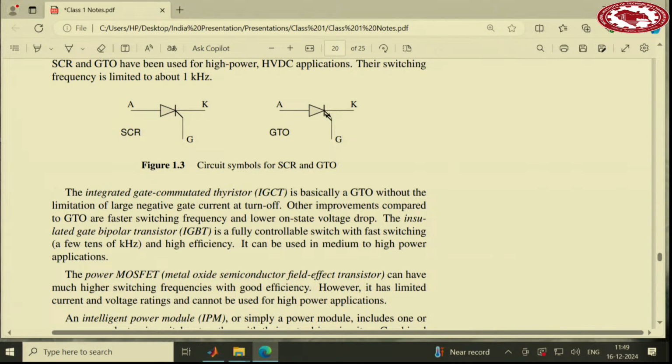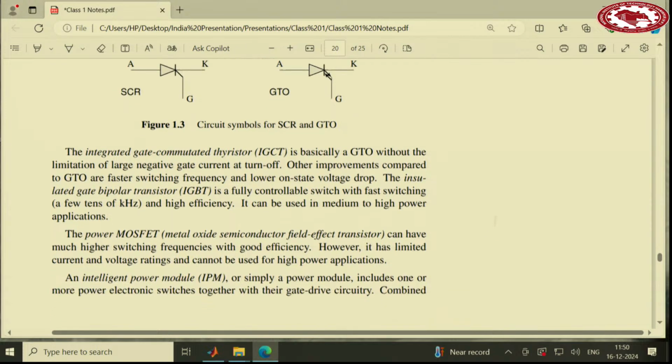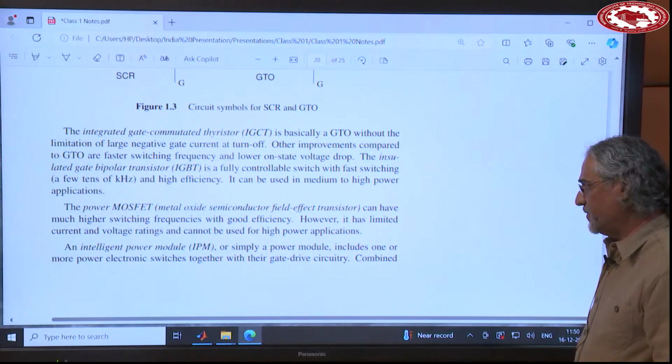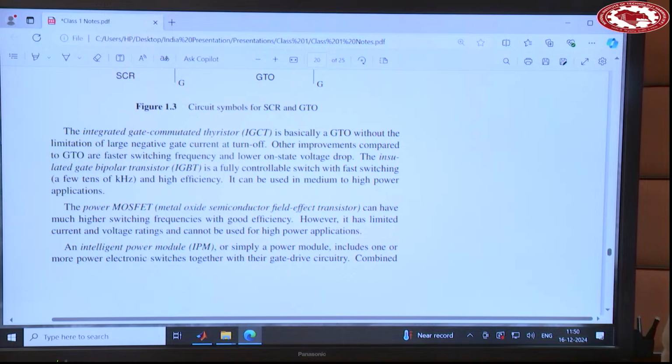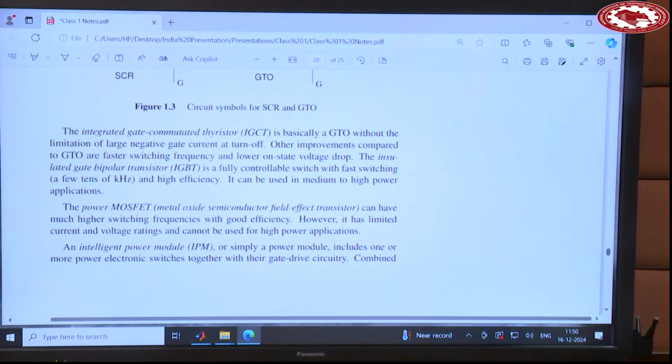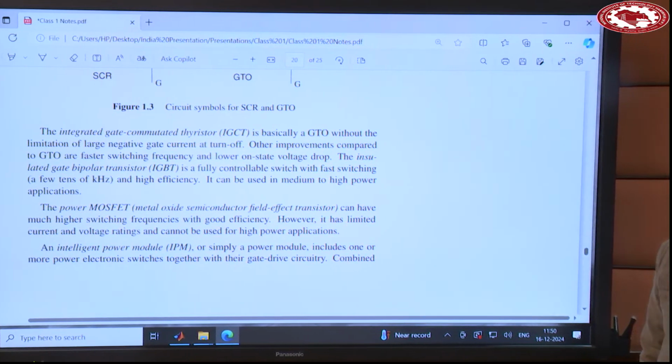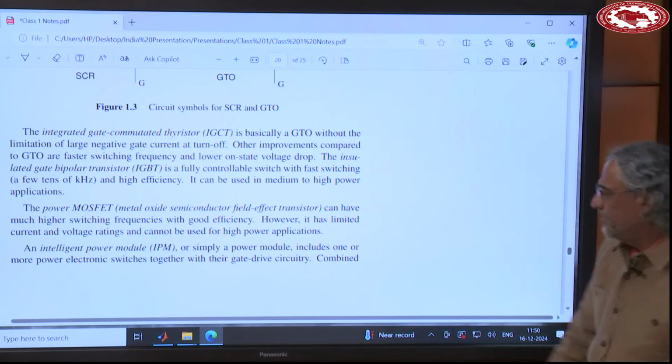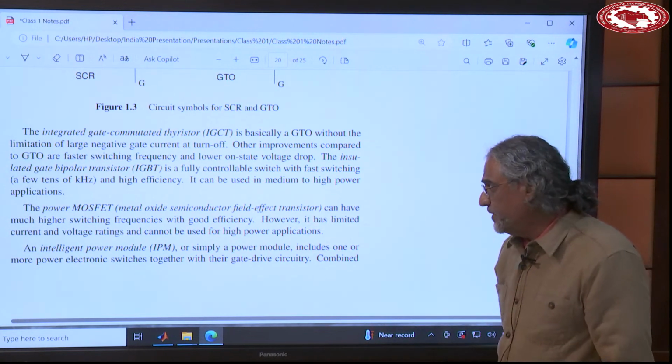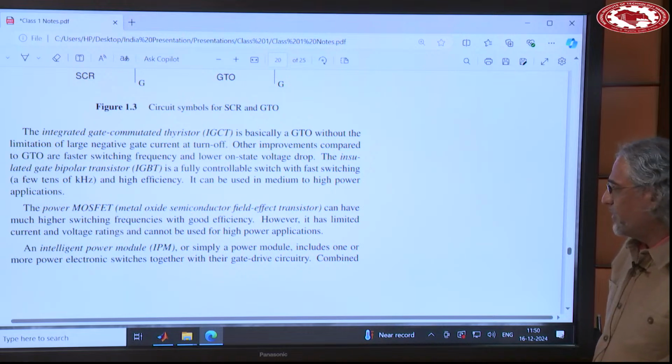And it can still handle a rather large power. Not as much as SCR, but still rather large power. Power MOSFETs can really improve in terms of switching frequency and efficiency. They have lower losses, but the limitation they have compared to IGBT is the level of the current and voltage that they can handle.